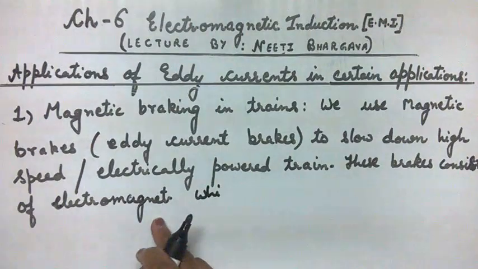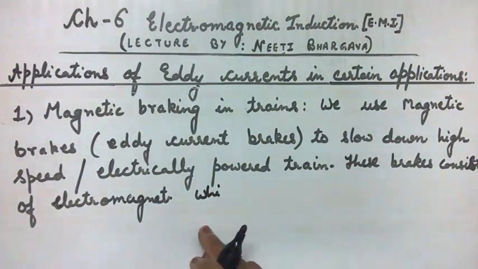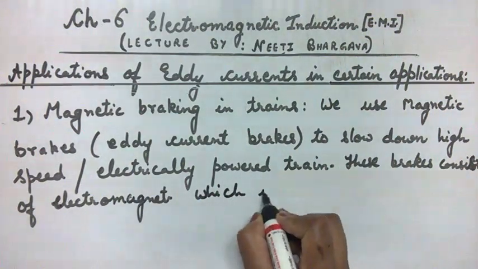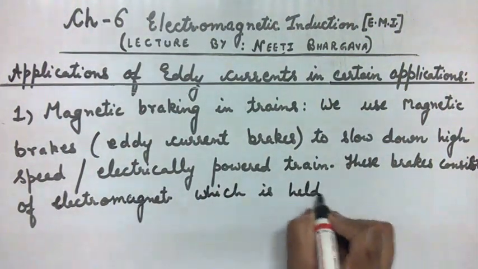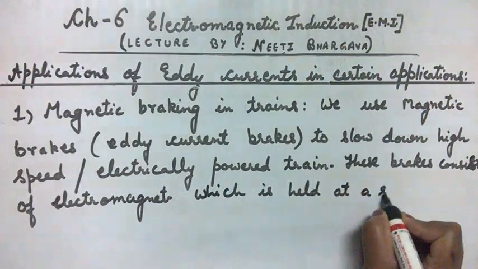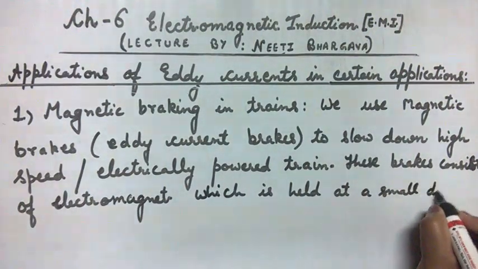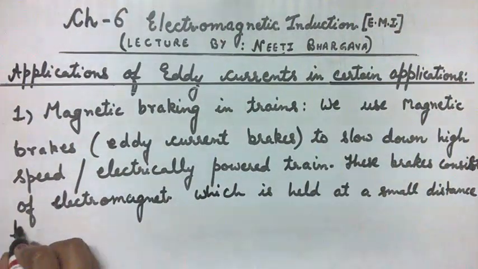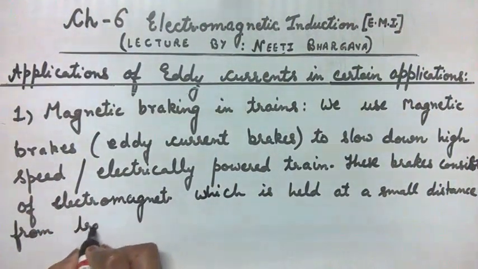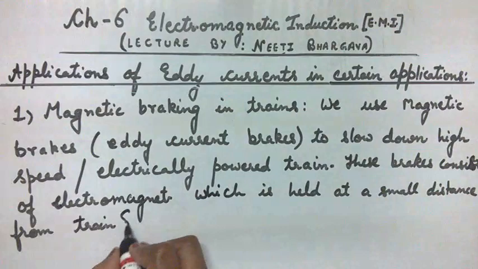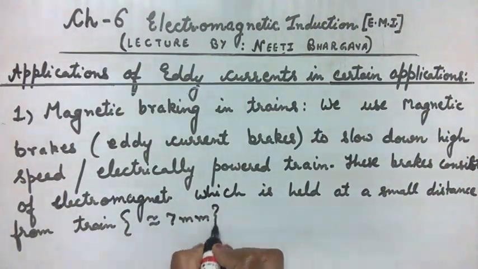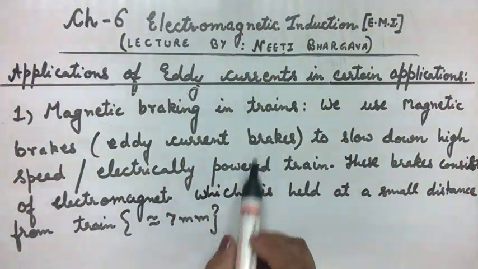And this electromagnet is held at a small distance from the train. The approximate distance is about 7 millimeter. That is, it is not touching the train.